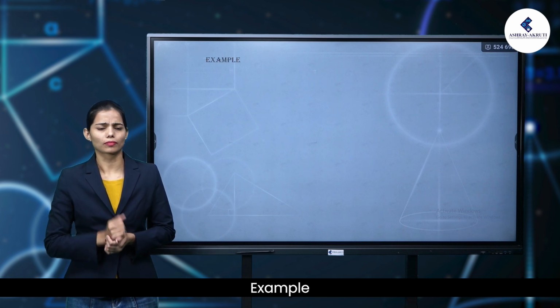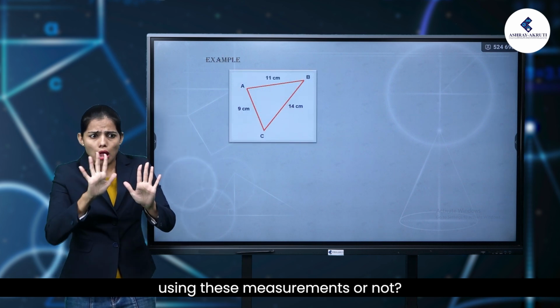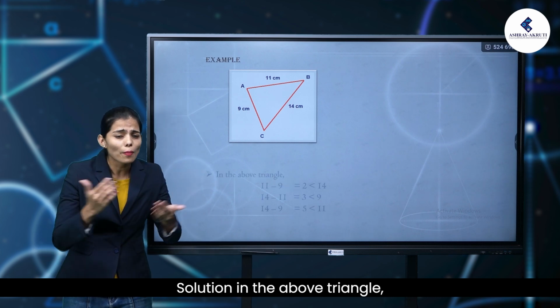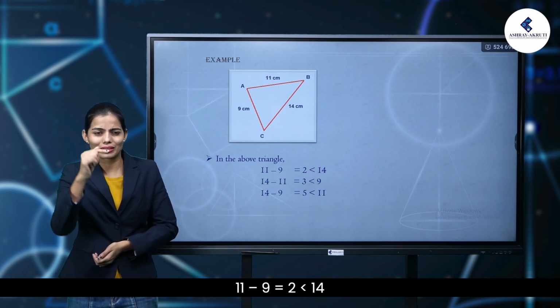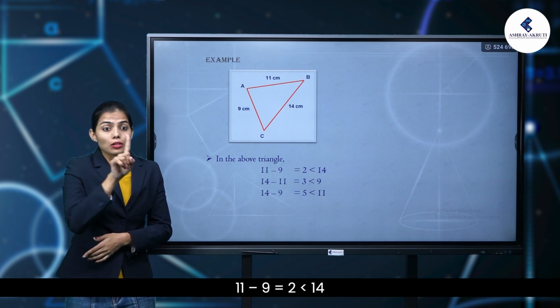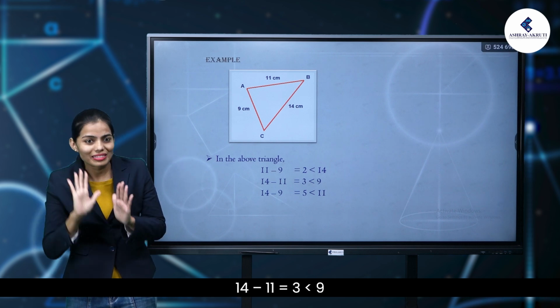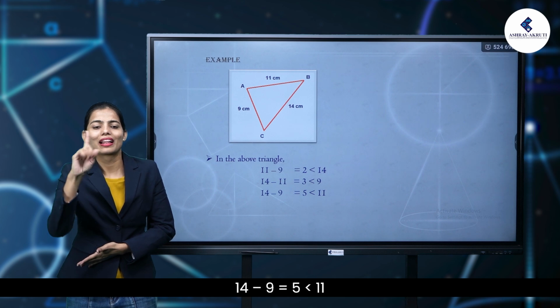Example: check whether it is possible to make a triangle using these measurements or not. Solution: in the above triangle, 11 minus 9 is equal to 2, less than 14. 14 minus 11 is equal to 3, less than 9. 14 minus 9 is equal to 5, less than 11.